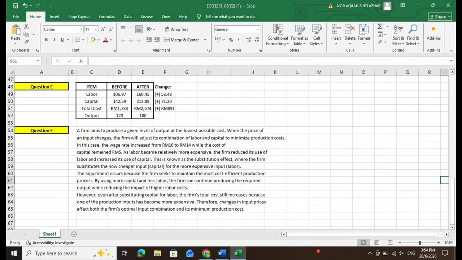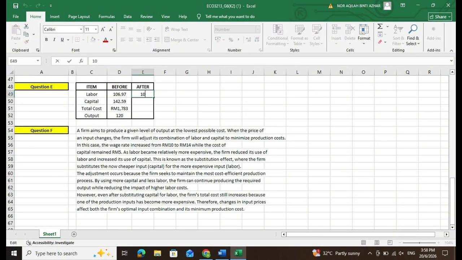For part E, I use the same solver model as part C. The cost function remains C equal to 10L plus 5K, where the cost of labor is 10 ringgit per unit and the cost of capital is 5 ringgit per unit. First, I enter the cost function C equal to 10L plus 5K into Excel, where L represent labor and K represent capital.